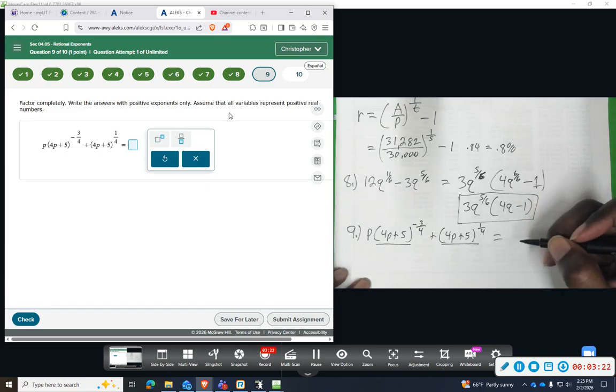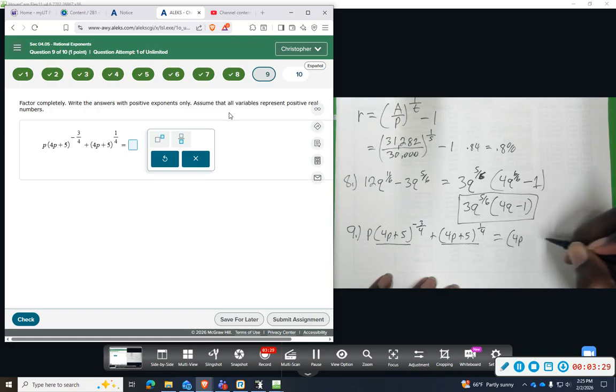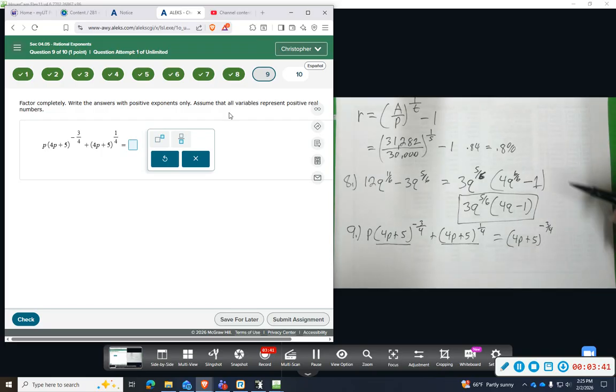So, we're going to factor out 4p plus 5 to the negative 3/4 power. When you do this, you got to remember you're subtracting this from the exponents.